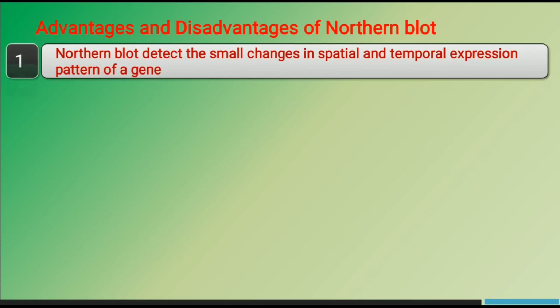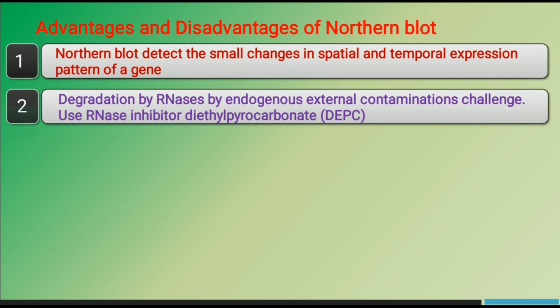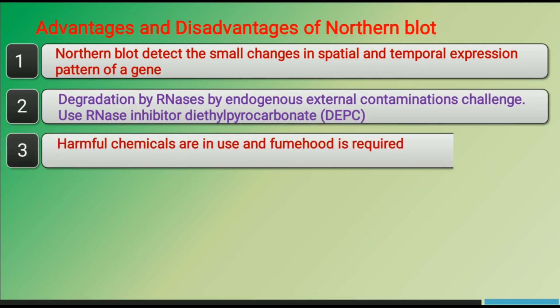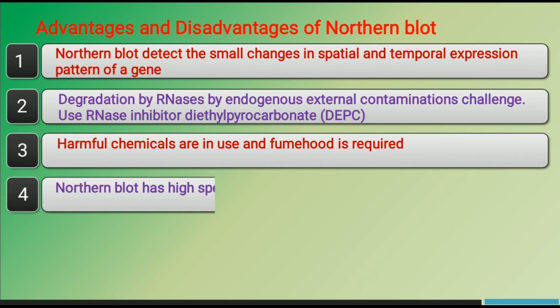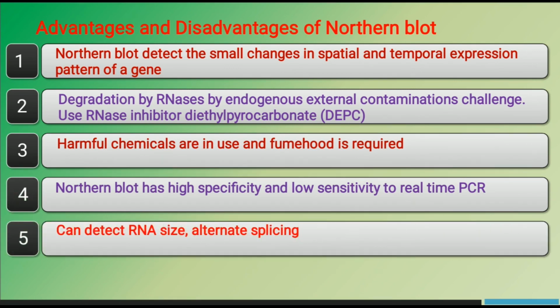Now we will see some of the key advantages and disadvantages of Northern blot. Northern blot detects small changes in the spatial and temporal expression pattern of a gene, and degradation by RNases from endogenous or external contamination is a key challenge in performing Northern blotting.